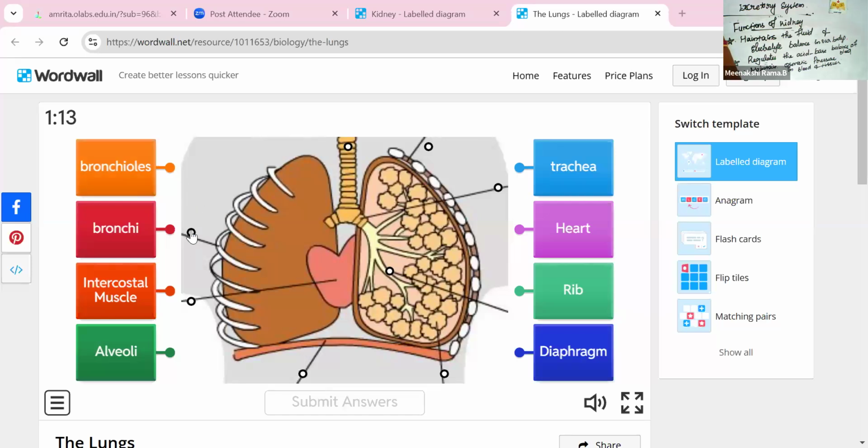Which is the right part of the bronchioles? Where is it present? I'm giving only 1 minute. Anybody interested in telling the correct answer? Where are the bronchioles?